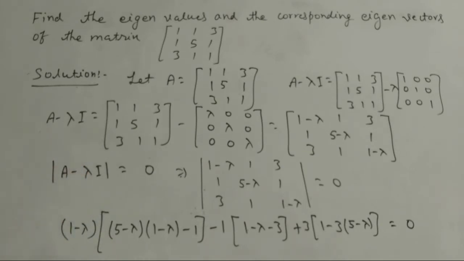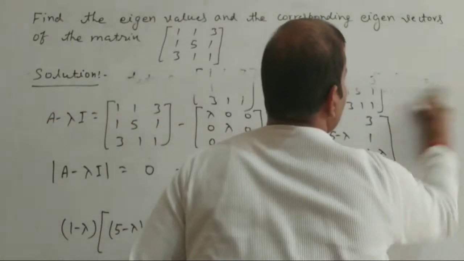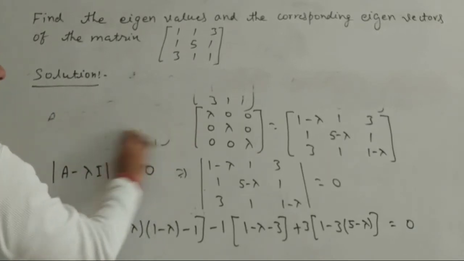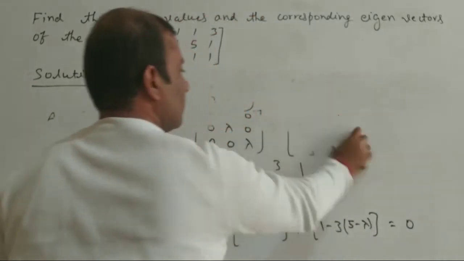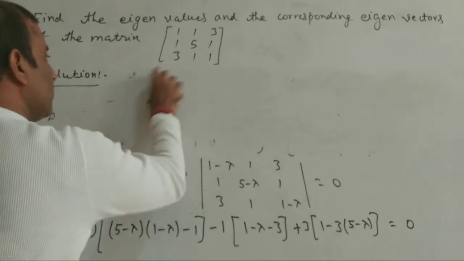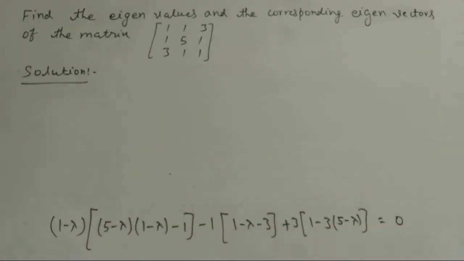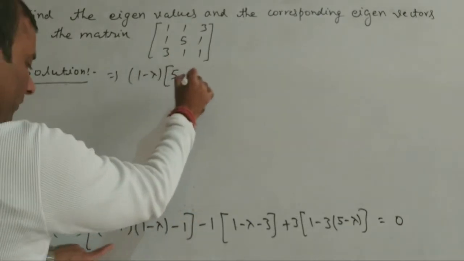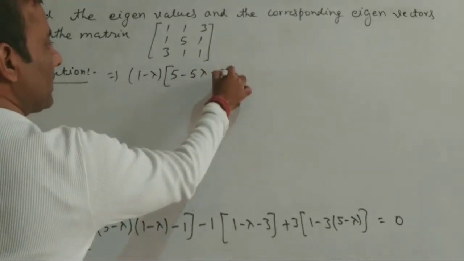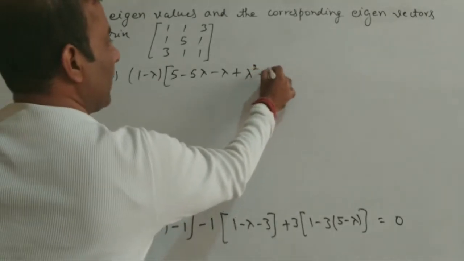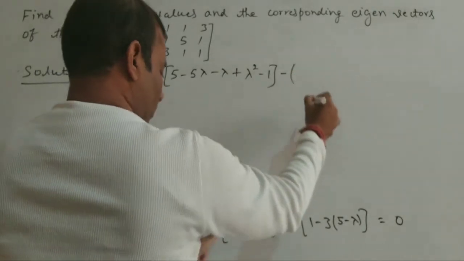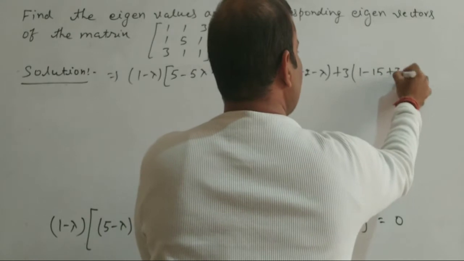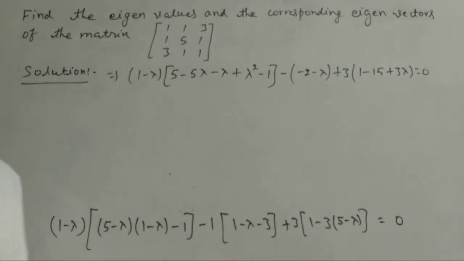So this equation becomes 1 minus lambda into (5 into 1, that is 5, minus 5 lambda minus lambda, plus lambda square, minus 1), and this is minus (1 minus 3, that is minus 2, minus lambda), and plus 3 into (1 minus 15 plus 3 lambda) equals 0.